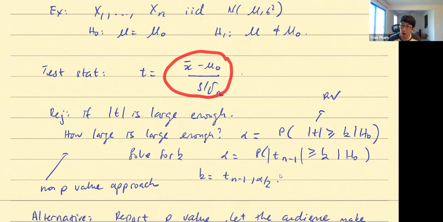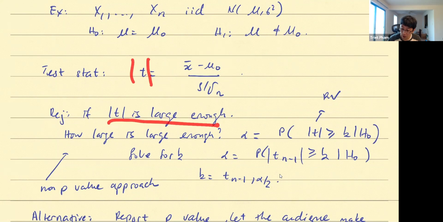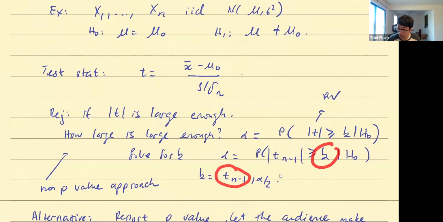That means you reject when the absolute value of this is large enough. But how large is large enough? Because of the T(n-1) distribution, large enough here is the quantile with alpha over 2. Why alpha over 2? Because it's two-sided. This is an absolute value. So it's 2 times the probability that the absolute value is bigger than or equal to k.